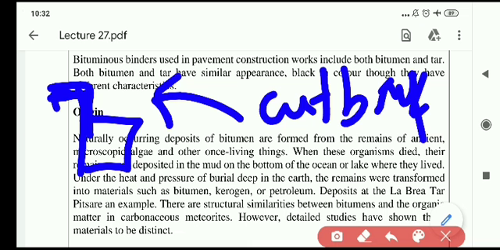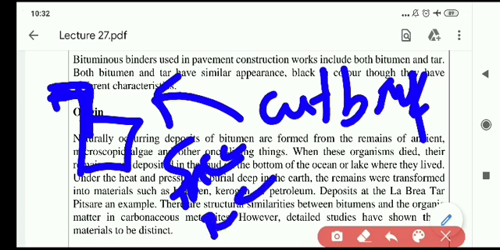In cutback bitumen, we have slow curing cutback, medium curing cutback and rapid curing cutback. And excluding cutback bitumen, we have emulsions. Emulsion means it is a liquid form of bitumen.